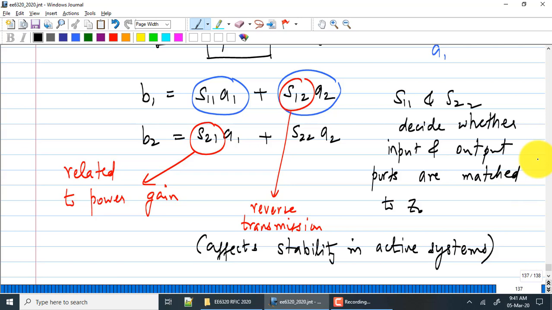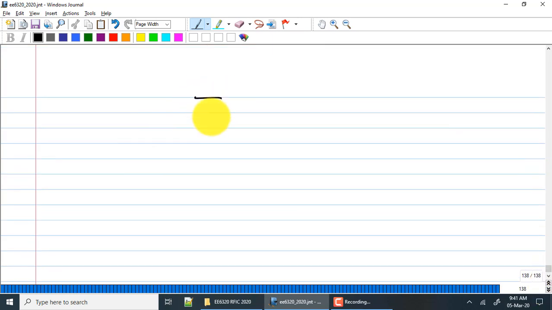You'll have a problem with stability if you're designing 28 gigahertz LNAs, but not with 2.4 gigahertz LNAs. But I'll just point out that for the idealized LNA, even without the cascode, there is no reverse transmission. S12 should be 0 for the ideal LNA.